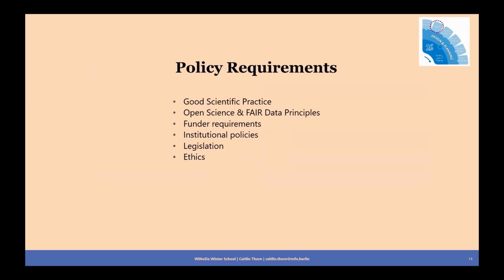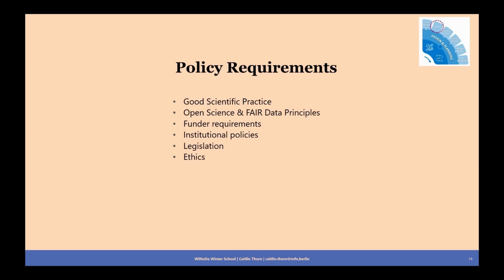One thing to look at here is policy requirements. We want to consider any relevant policies when we're planning our project. For example, open science and FAIR data principles, which I think you have sessions on this week, good scientific practice policies, any funder requirements, any policies from your institution.